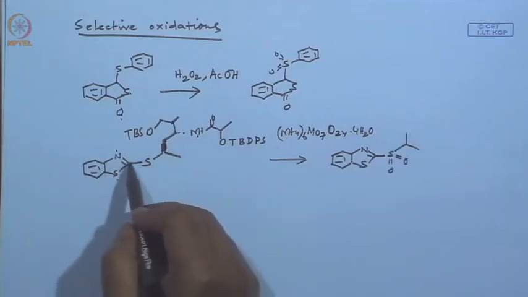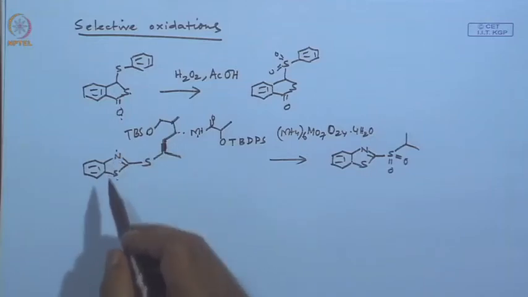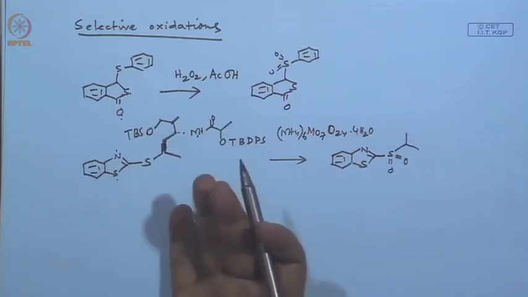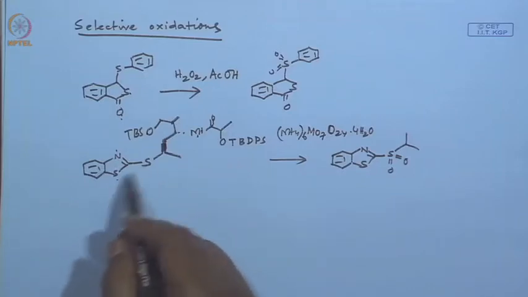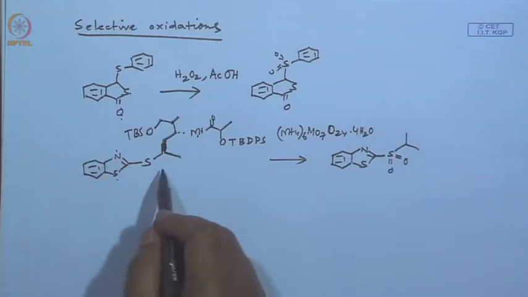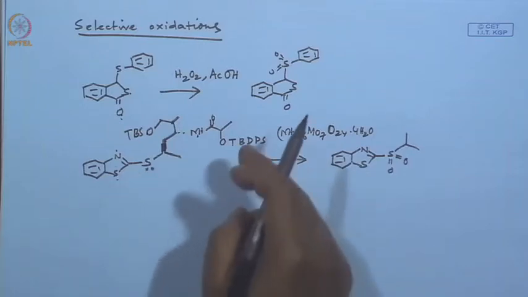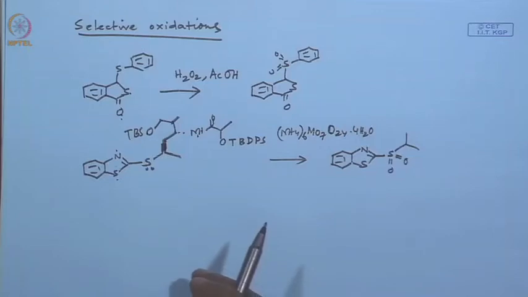But in this case, you have a free lone pair at the nitrogen of benzothiazole, that is not getting oxidized. You have two different kinds of sulfur. All of us know this: the sulfur of the ring is involved in the aromaticity of the system. So what is available then? You have a free sulfur, you can selectively oxidize to the corresponding sulfone.